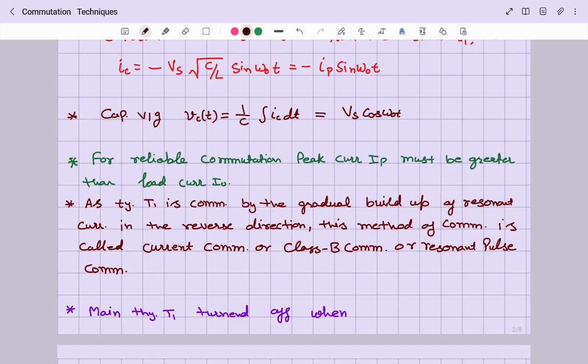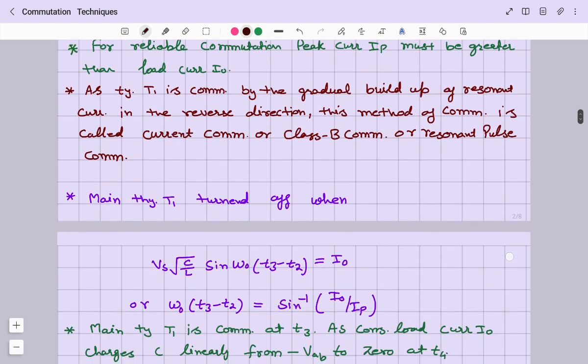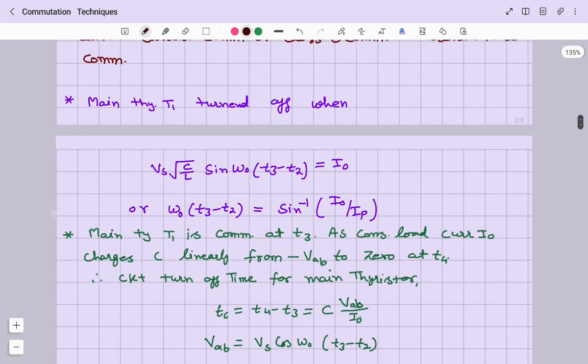So for successful commutation, the peak value of the capacitor current must be greater than the load current. Right? This commutation is called current commutation, class B commutation, or the resonant pulse commutation, right?